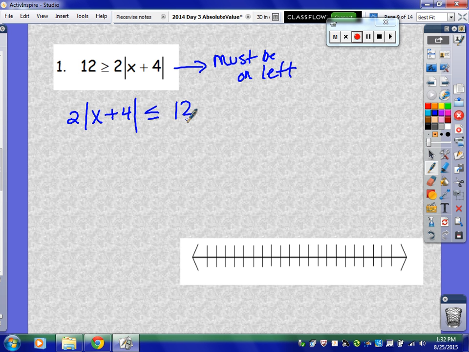All right, so step number 1 is still going to be to isolate. Don't change it into two inequalities until you isolate that absolute value. So we're going to use the division property and divide by 2. So the absolute value of x plus 4 is less than or equal to 6. Now we're going to break it apart.